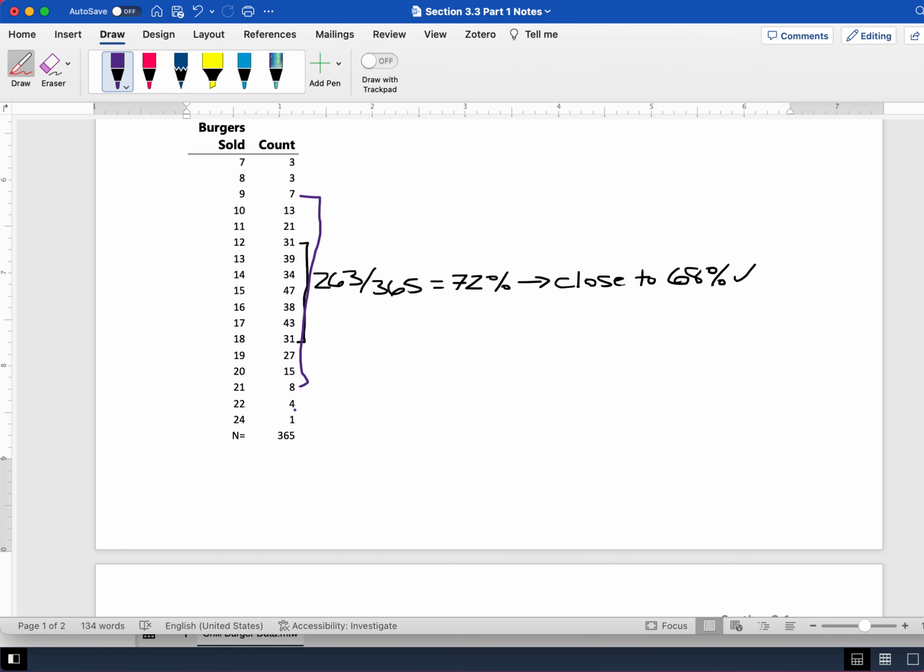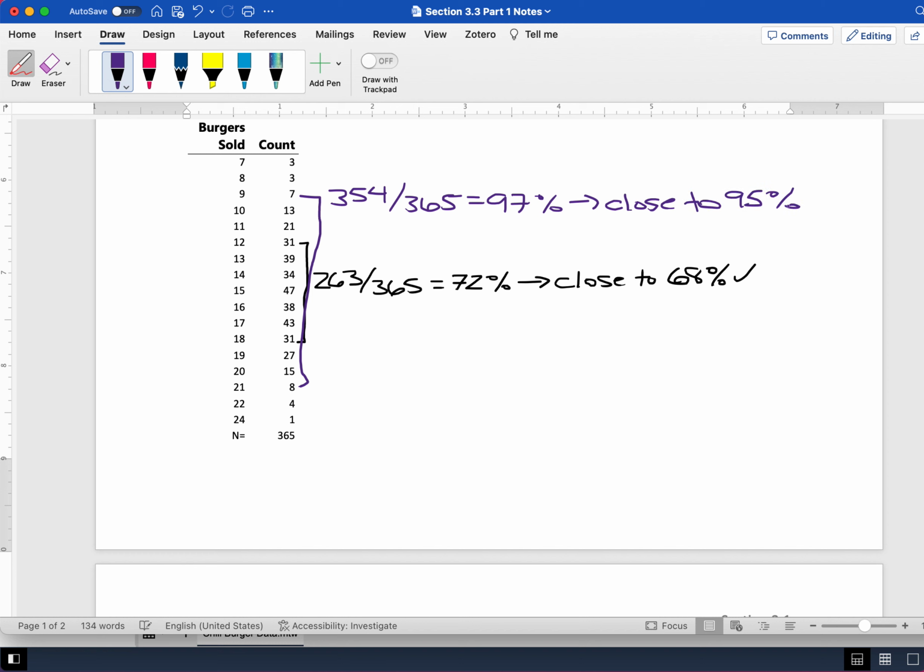So I have 5 here that are outside. I have 6 here that are outside. That's 11. 365 minus 11 is 354. So that's 354 divided by 365. Divide that on your calculator, and you get 97%. So is that close to 95%? It's pretty close. So I'm going to say that that one is good.